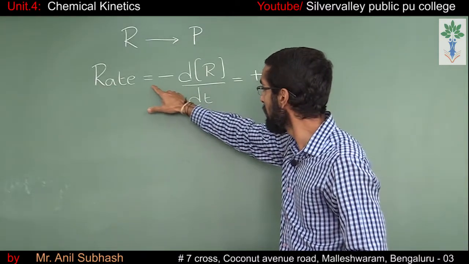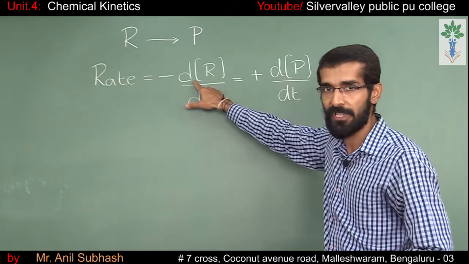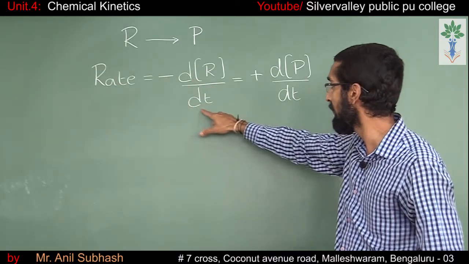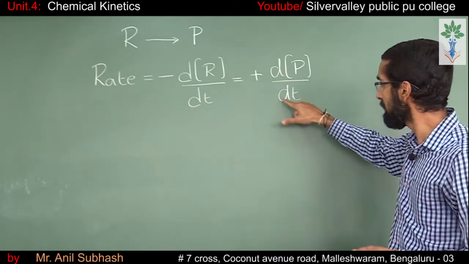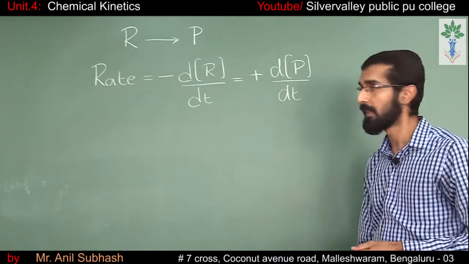Rate is equal to change in the concentration of reactant in a small interval of time, which is equal to change in the concentration of product in a small interval of time.